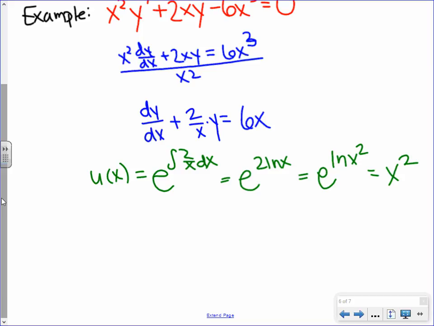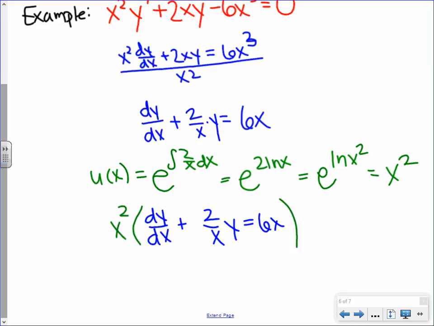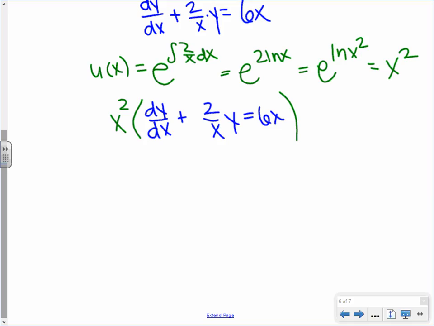You're literally back to square one. And we're going to multiply our standard form by our integrating factor. So we have x squared dy dx plus 2x y equals 6x.